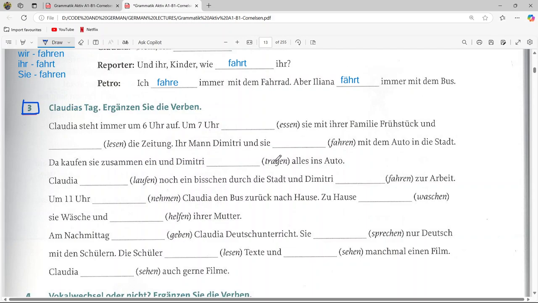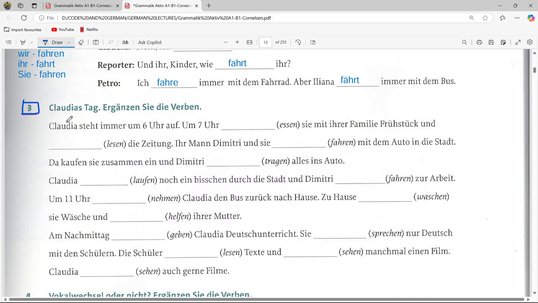Tragen means to carry, laufen means to run, fahren means to ride, nehmen to take, waschen to wash, helfen to help, geben to give, sprechen to speak, lesen to read, sehen to see. Okay, so we'll check from the sentences where the pronouns are, and based on the pronouns we will try to conjugate them. Okay, so let's get started.